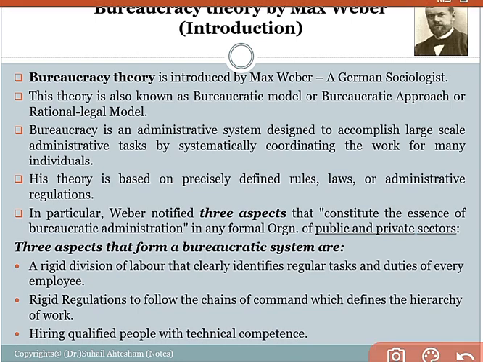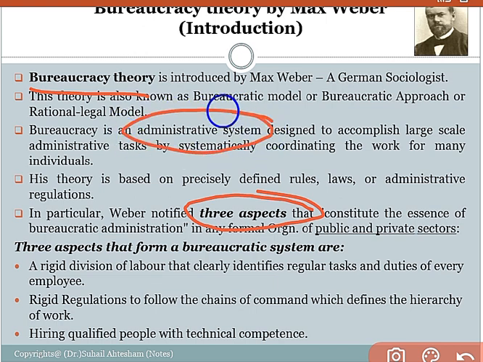So, basically here, according to the bureaucracy theory, Max Weber has given three aspects so that the administrative system can be improved and there may be systematic coordination between the manpower and the non-living things in the organization, so that the organization can achieve its goals in the right way.